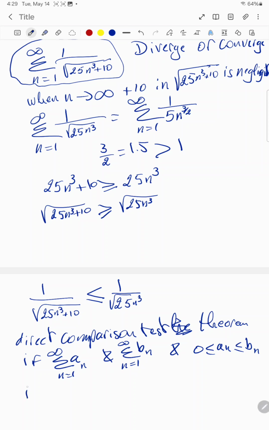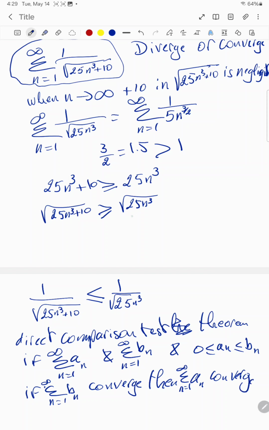If the series of b_n converges, then a_n converges.